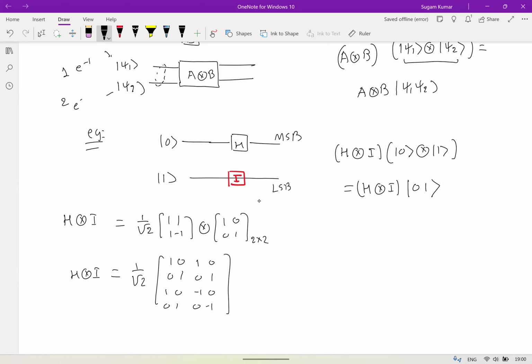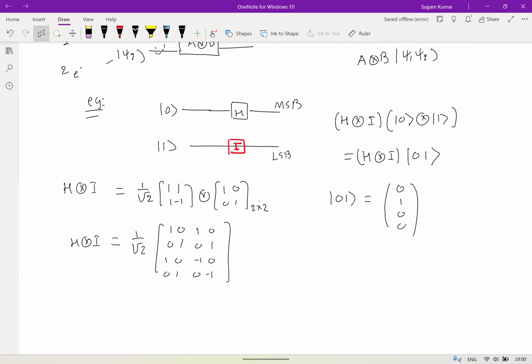And what is this one? 0 1 is nothing but the column vector 0 1 0 0, correct? So you can see that now you have H tensor I operating on 0 1. You have all these matrices, and when you solve it, you get 1 by root 2 times 0 1 0 1.